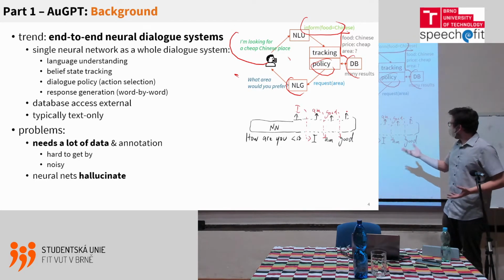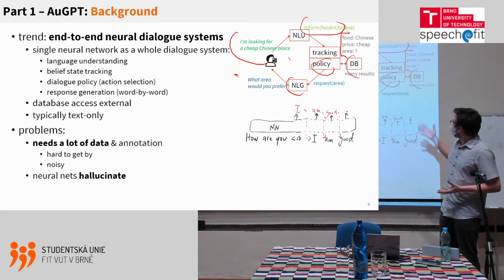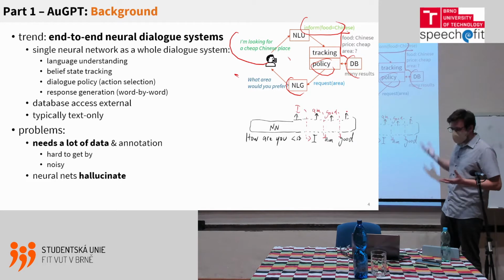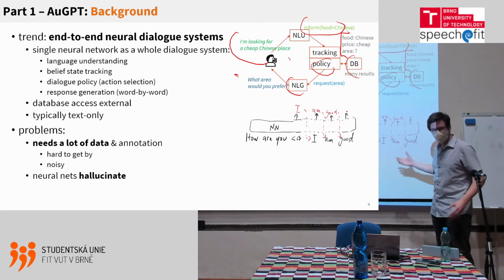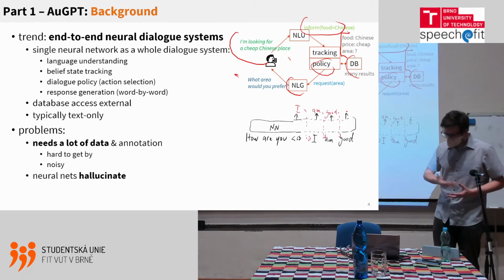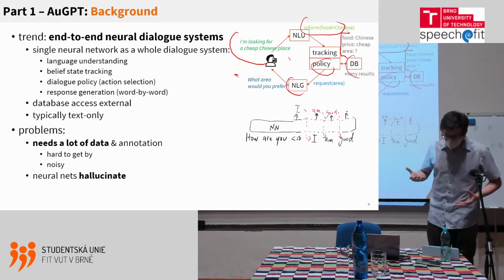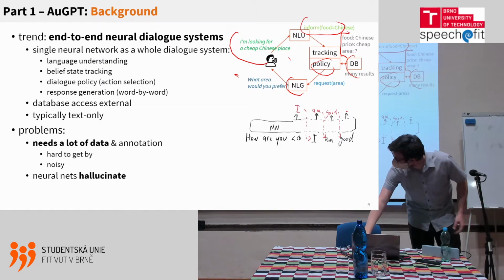It can hallucinate: you ask for a Chinese place and, based on training data, it hallucinates that you want the Chinese place in the city center and takes that as your understanding. You don't know why, and it's hard to debug those cases. That's a huge problem.